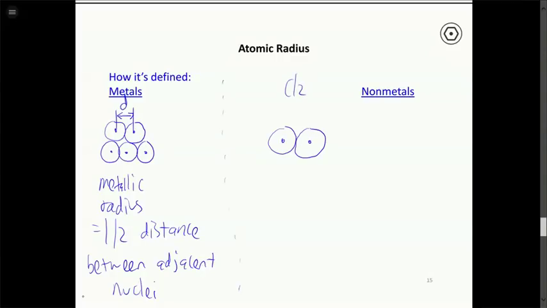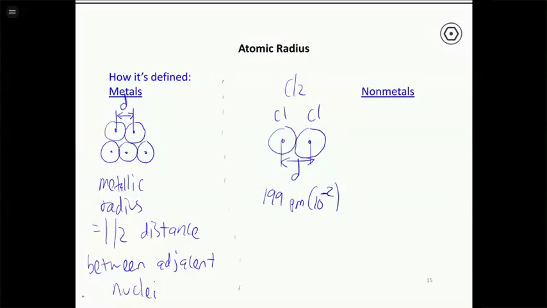And so we can measure, in this case, again, a distance between the two nuclei. This distance is 199 picometers for chlorine, 10 to the minus 12 meters. So if we have two chlorine atoms bonded to each other, the nuclei are going to be separated by a distance of 199 times 10 to the minus 12 meters, picometers.